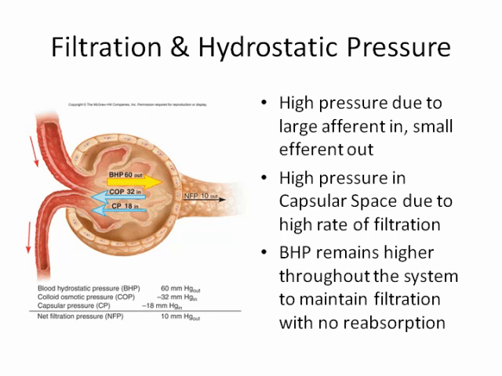And just so that we're all on the same page, we should hopefully be able to identify this as the afferent arteriole, and then this guy down here as the efferent arteriole.